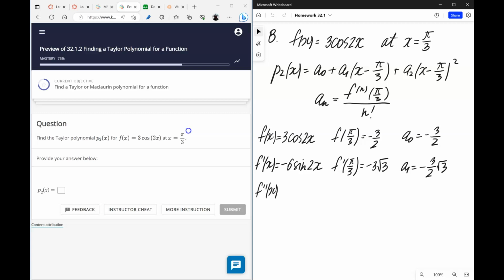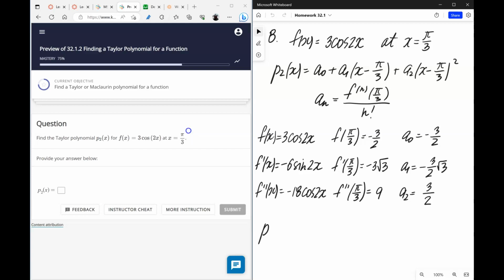Now let's do this one. We have negative 18 cosine 2x. The second derivative at pi over 3 is, again, negative 1/2 times negative 18, so it's 9, and a2 will be this divided by, not 6 factorial, 3 factorial, which is 6.